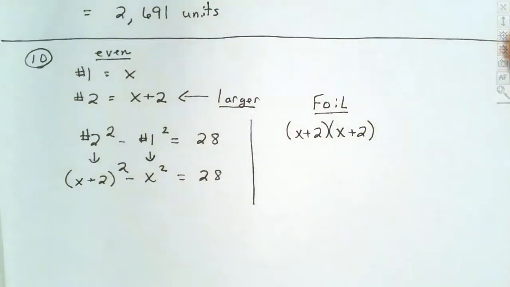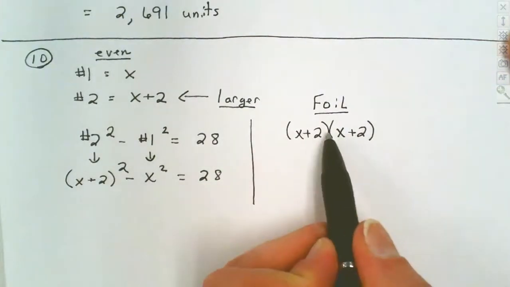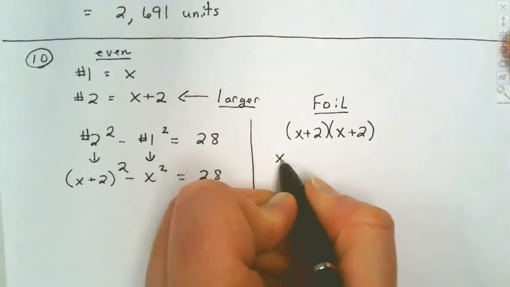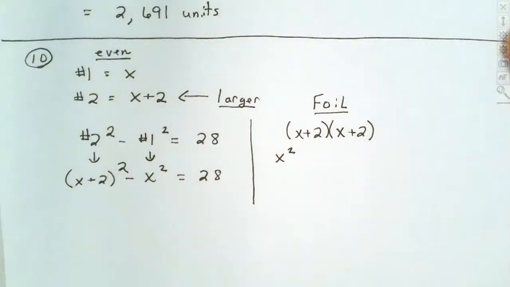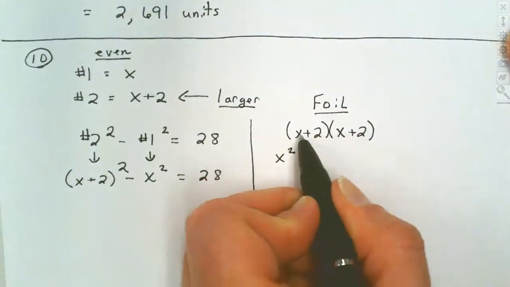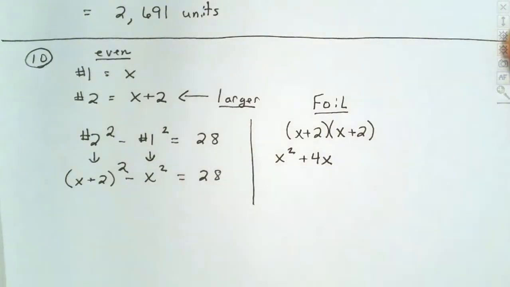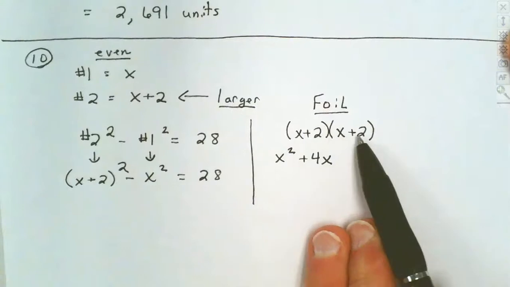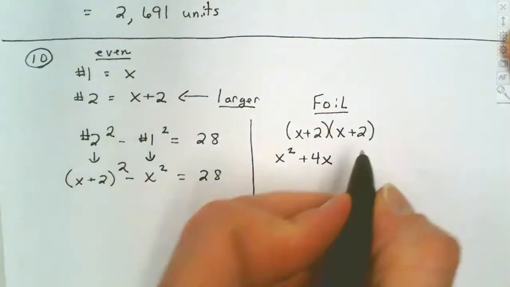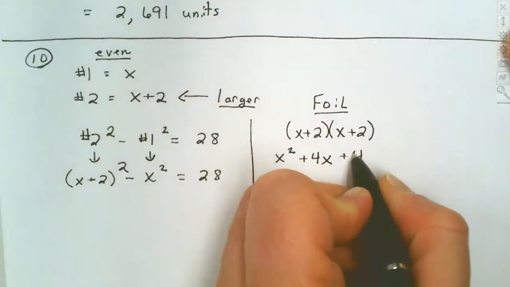So when I FOIL this out, we have x times x, and that makes it an x squared. Then we have 2x and another 2x, that makes it 4x. And then last times last, which is 2 times 2, that makes that then a 4.